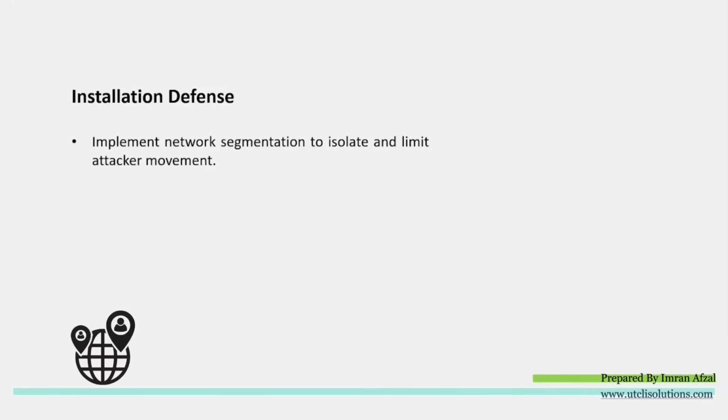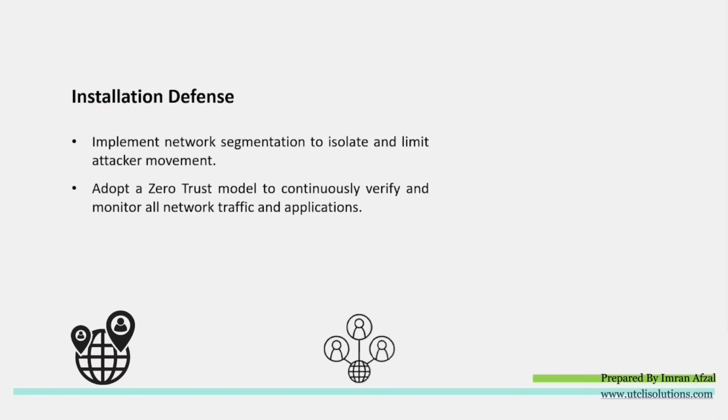Think of it as adding more locked doors and walls to slow down or stop an intruder's progress. Also, implementing a Zero Trust model. This security approach operates under the principle of never trust, always verify. It means that all network traffic, both between and within segments, is continuously monitored and inspected. Even if something or someone is inside the network, you still need to prove they belong there.